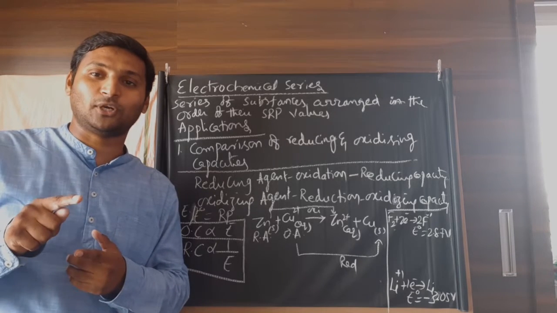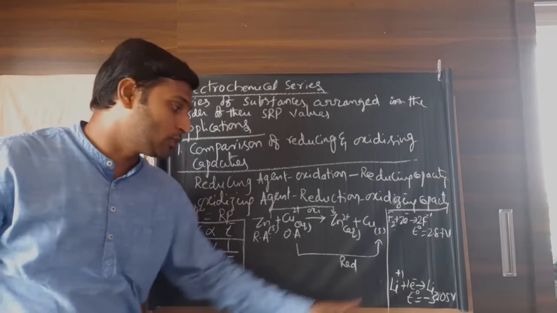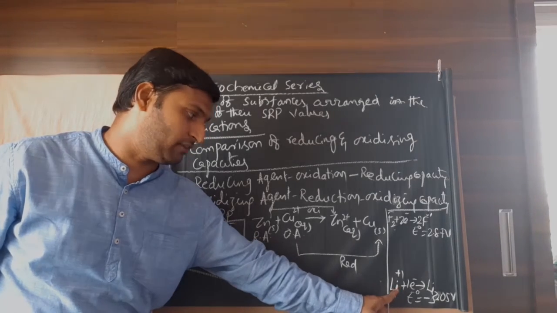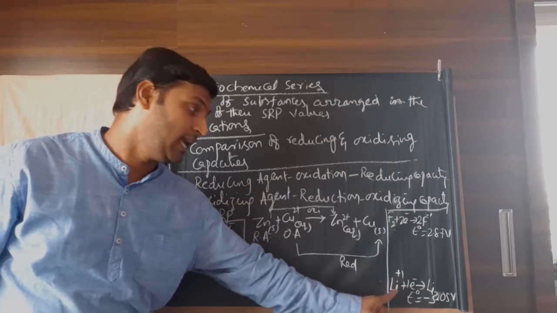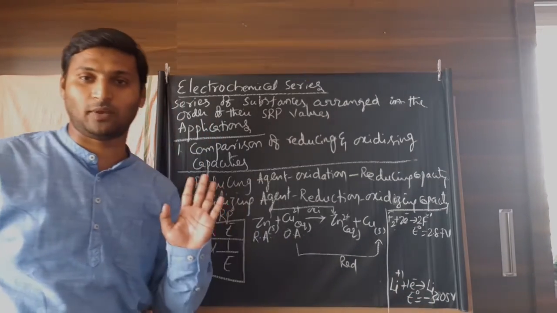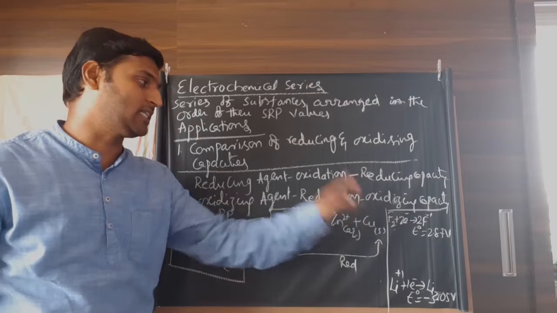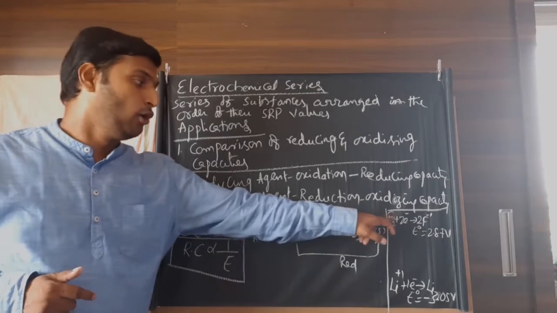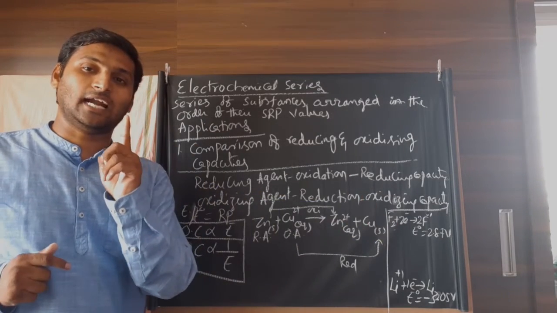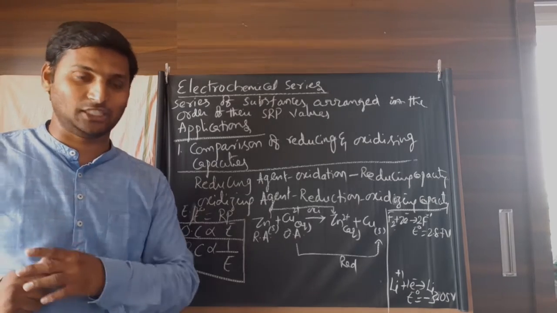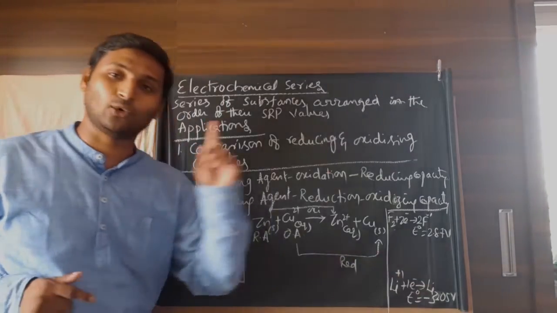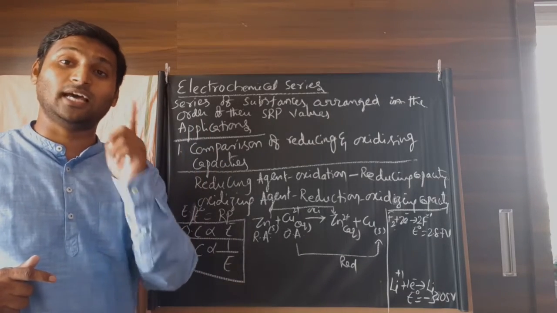That means their electrode potentials are supposed to be low. So the one with the highest tendency for oxidation has the lowest electrode potential value. Now coming to the reducing capacity and oxidizing capacity. Fluorine readily undergoes reduction, hence it is a good oxidizing agent. Lithium readily undergoes oxidation, hence it is a good reducing agent.